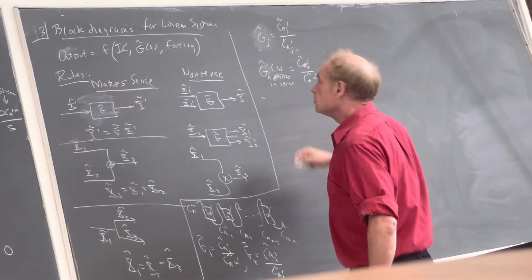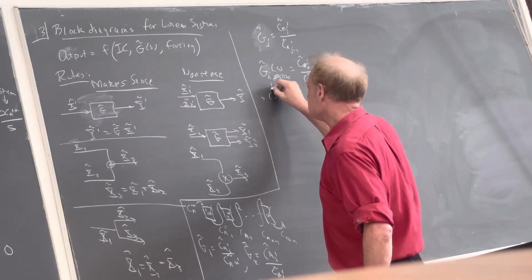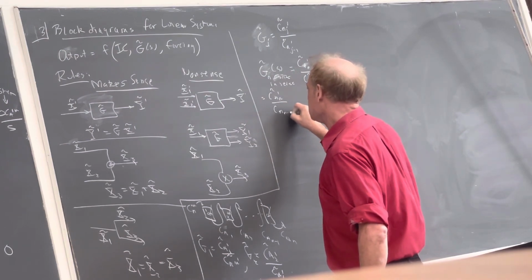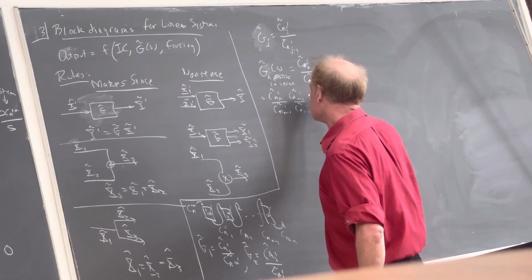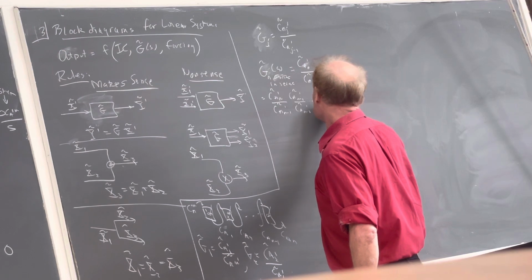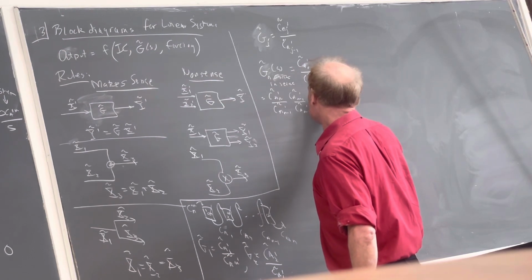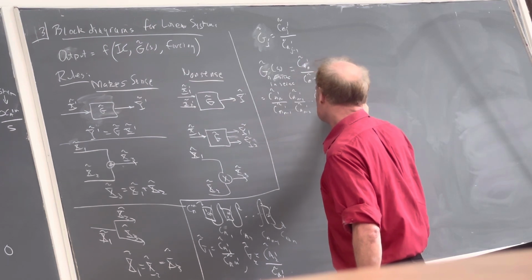That's equal to, I'm going to multiply and divide by stuff. That's CAN prime tilde over CAN minus 1 prime tilde, CAN minus 1 prime tilde over CAN minus 2 prime tilde, dot, dot, dot, CA2 prime tilde over CA1 prime tilde times CA1 prime tilde over CA in prime tilde.